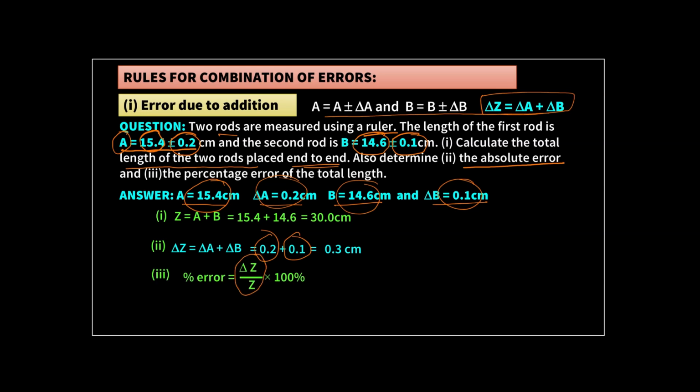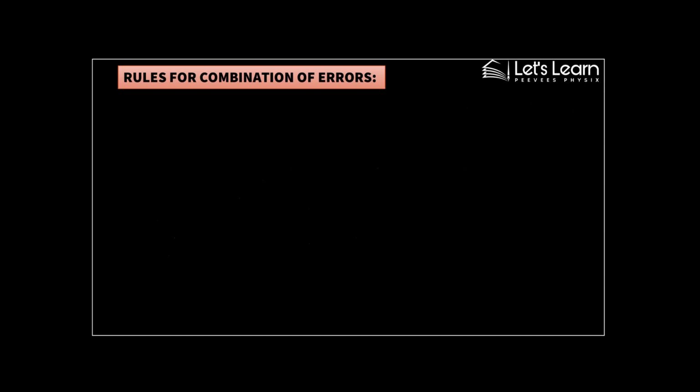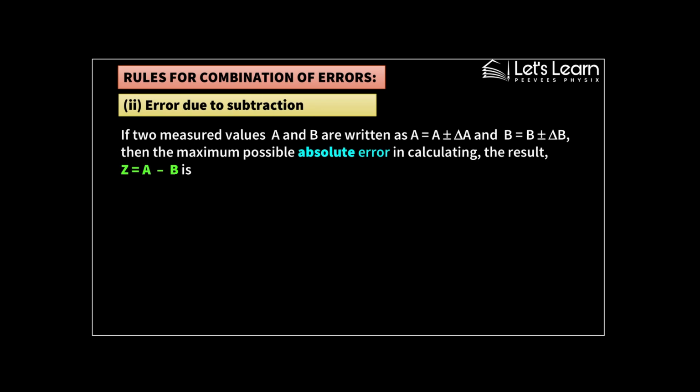Relative error is absolute error divided by the total value. Absolute error in total length is 0.3 and the total length is 30. And this is a relative error. To get the percentage error, you times it by 100. The answer is 1%. Now, we go for the rule for subtraction.